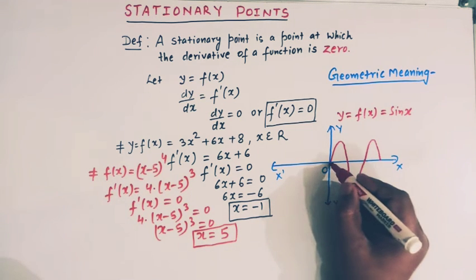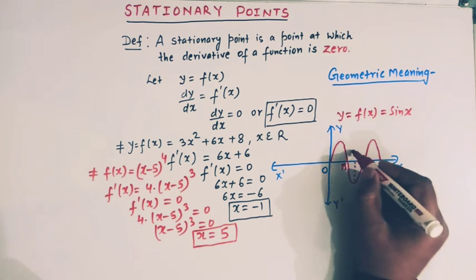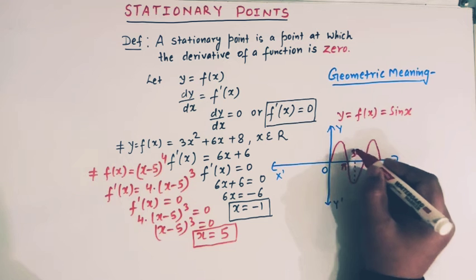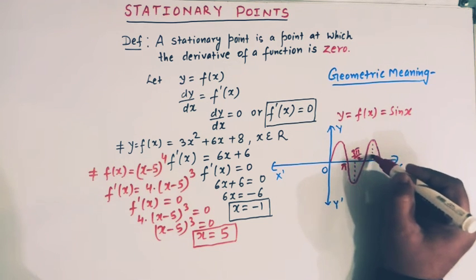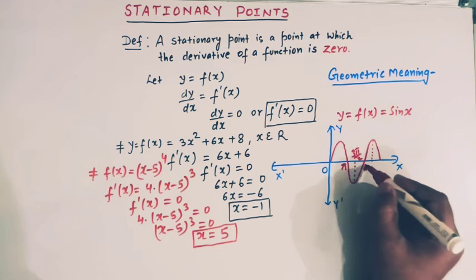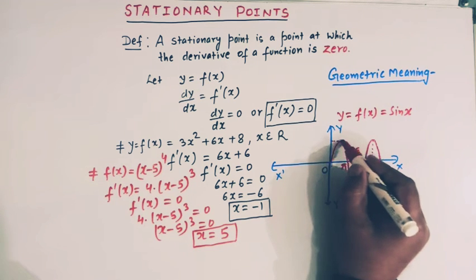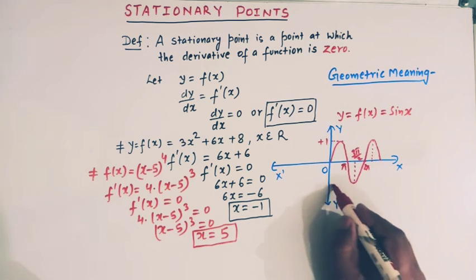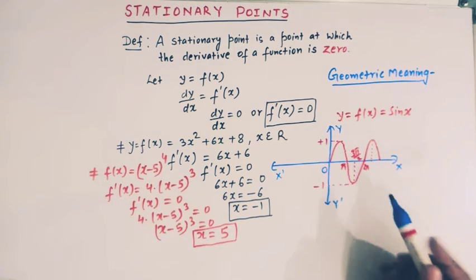So here we have 0, here we have pi, and here we have 3 pi by 2, and here we have 2 pi, right? So this point is 2 pi, and here we have plus 1, and here we have minus 1, right? So now let us see the geometric meaning of stationary point.